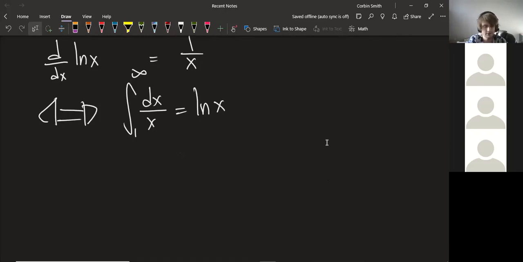Let me look at my notes. Can't even find it on my notes. I did it like twice last night in 2 different ways. Why is it not here? Oh, there it is.